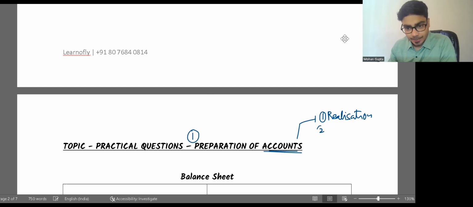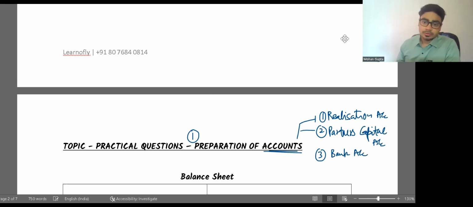Second is partners capital account, and third is cash and bank account. There is no balance sheet in here, and I will tell you why there is no balance sheet.